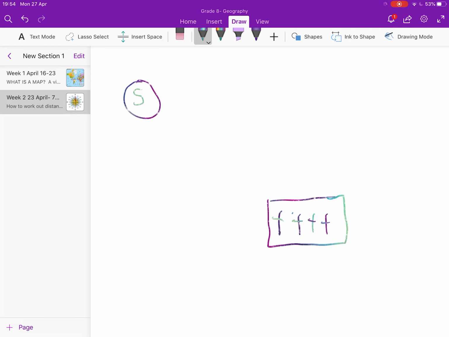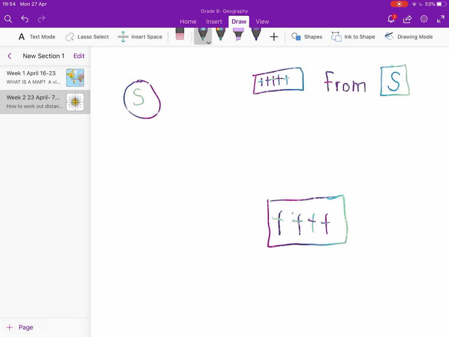Okay, so we want to work out in what direction is the cemetery from the school. Here's our cemetery symbol from the school.